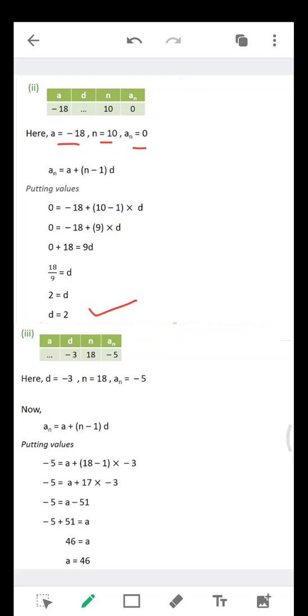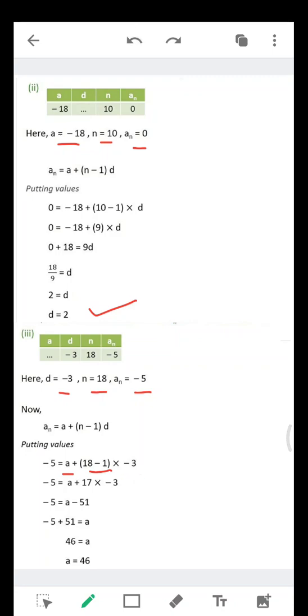So this way we can easily get the missing values. Now let's see the third one. In the third one, a is missing. So again I use the same formula and substitute all the given values. The d value is given as minus 3, n is 18 and an is minus 5. Substituting an as minus 5, then a, we don't know the value of a, so I have written a only. n minus 1, 18 minus 1 into d is minus 3.